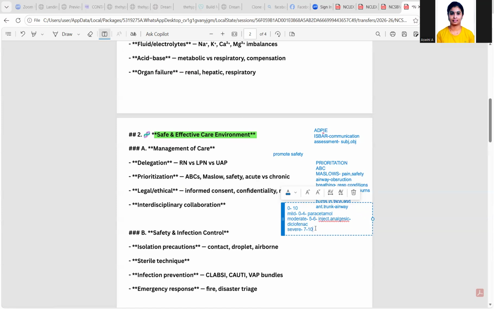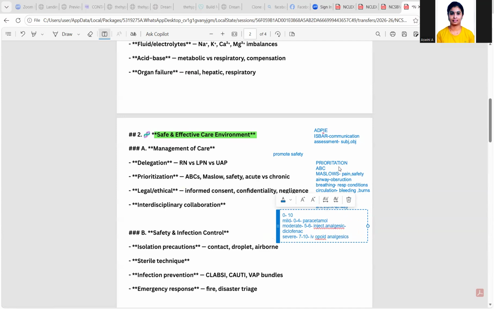And if it is severe pain, the client needs an IV opioid analgesic, like morphine. Understood the difference? I am telling you this for easy understanding of pain.